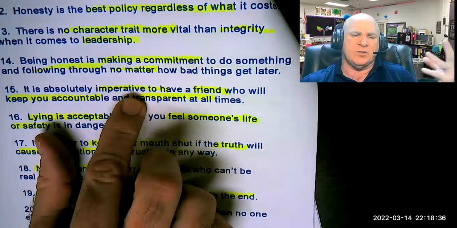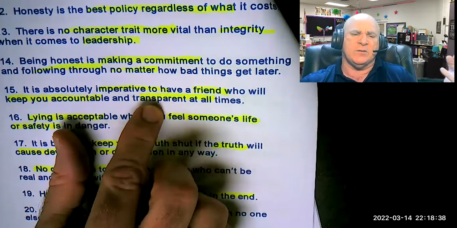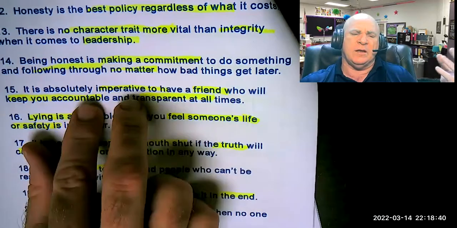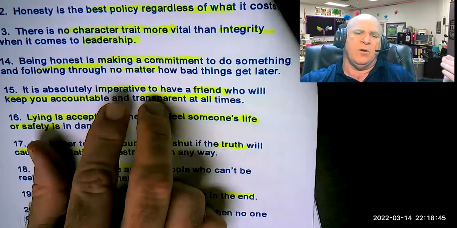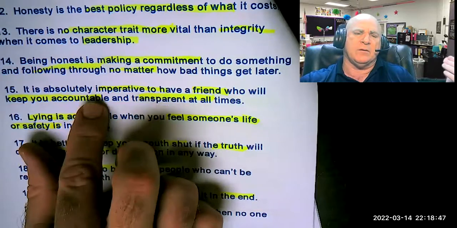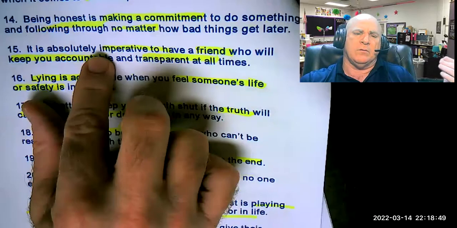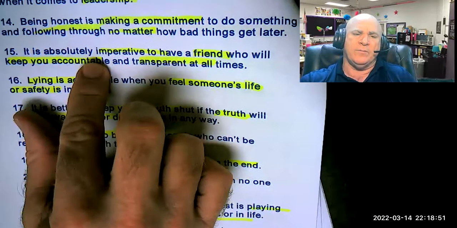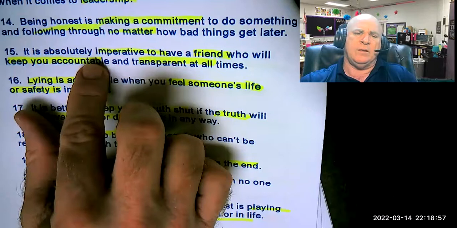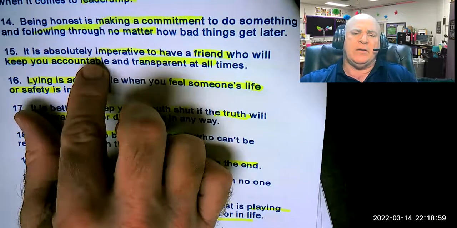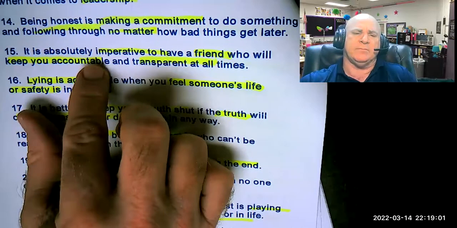So the twist on honesty here is openness and accountability, in terms of if we're struggling with something or someone, then we have to be willing to admit when we're struggling.